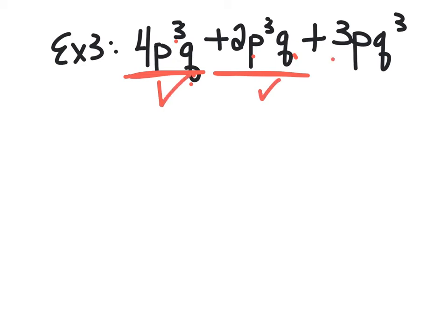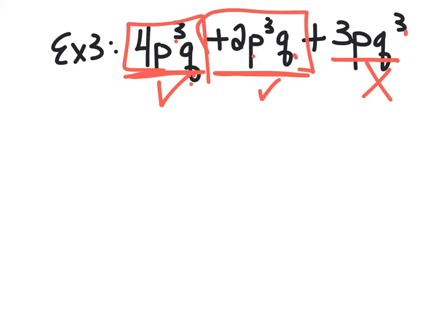The third one, p q cubed, not p cubed q. So this one is different. So I'm going to just combine the first two, and I'm just going to take a look at the numbers. 4 plus 2 is 6, and those two were p cubed q's.